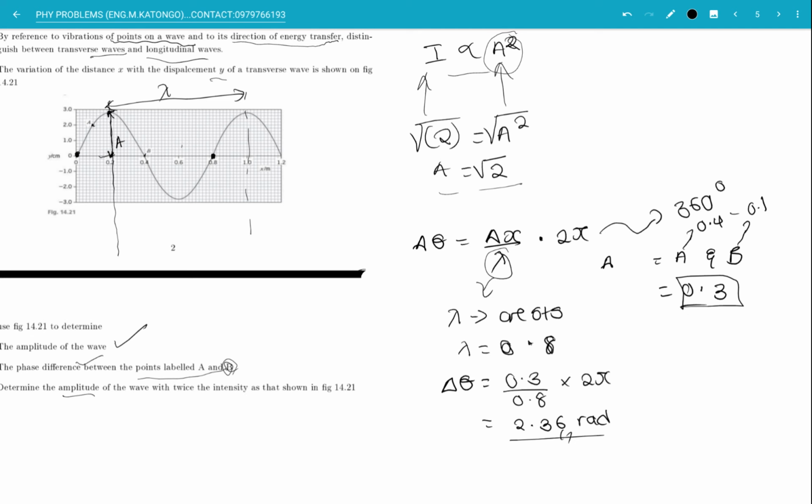Hence, finding the new amplitude, we'll have A equal to root 2, which is the factor, multiplied by the amplitude. Hence, we'll have the amplitude being 3.9598, and the amplitude will finally be 4 centimeters.